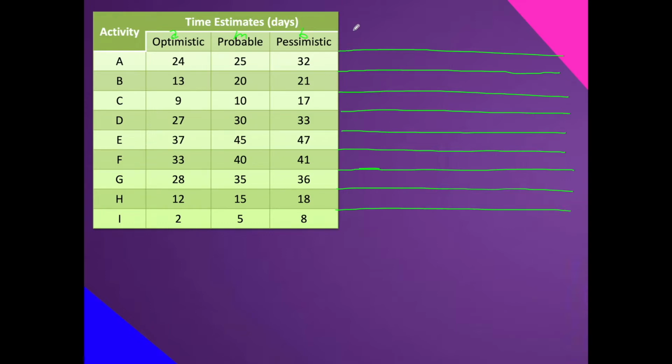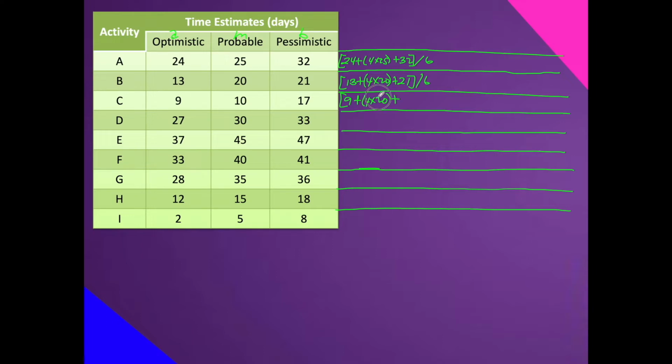Okay. So, 24 plus 4 times 25 plus 32, divided by 6. Next we have 13 plus 4 times 20 plus 21, divided by 6. I hope you have your calculator with you so you can follow along.